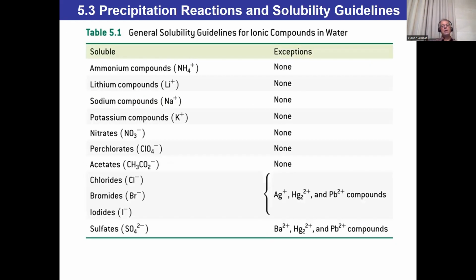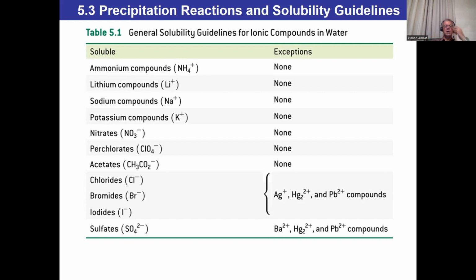This table shows the solubility guidelines for ionic compounds. All ammonium compounds are soluble, no exception. All ionic compounds containing lithium, sodium, potassium, group 1A, are soluble, no exception. All ionic compounds containing the anion nitrate, chlorate, or acetate are soluble, no exception.